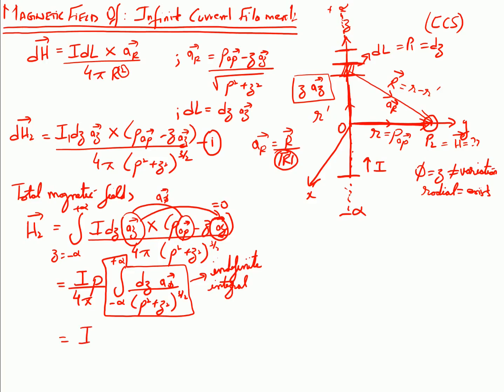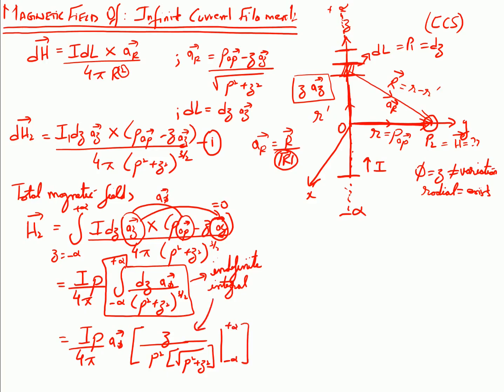So I'll write the coefficients a rho divided by 4 pi, and we'll bring the a phi outside, and we'll be left with z of z divided by rho square, and then in bracket we can have rho square plus z square, and then the limits will be from minus infinity to plus infinity. So this is the solution of the indefinite integral.